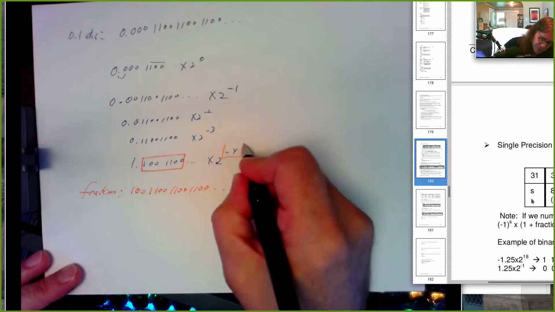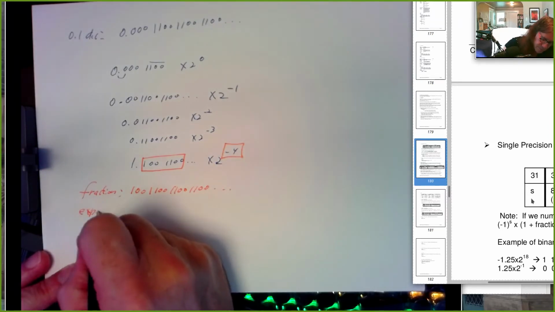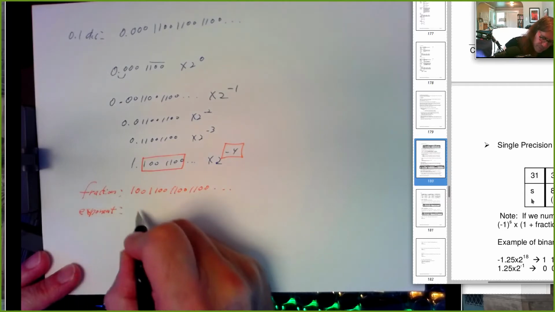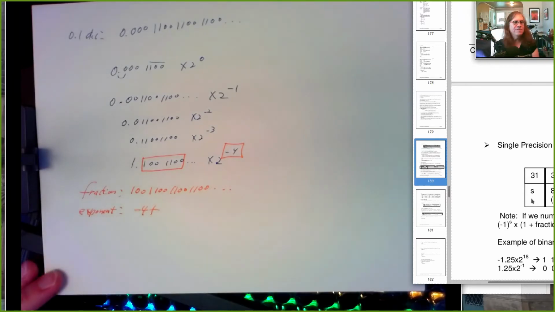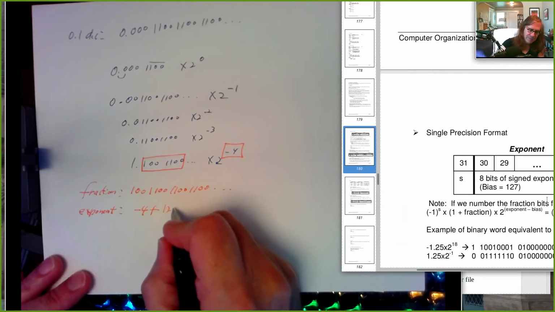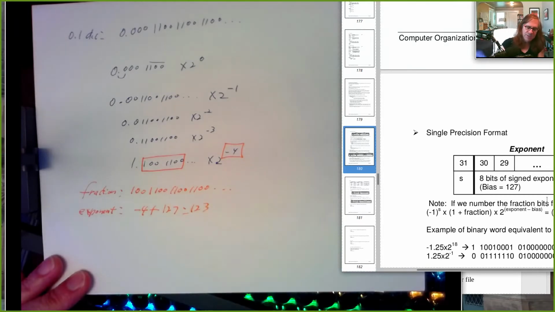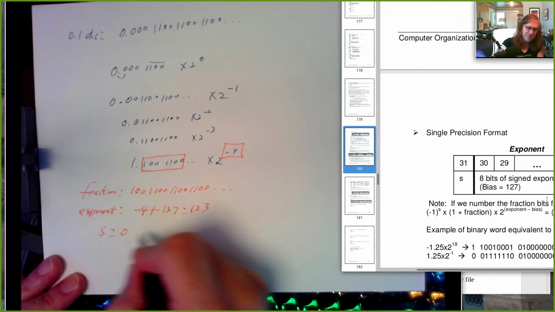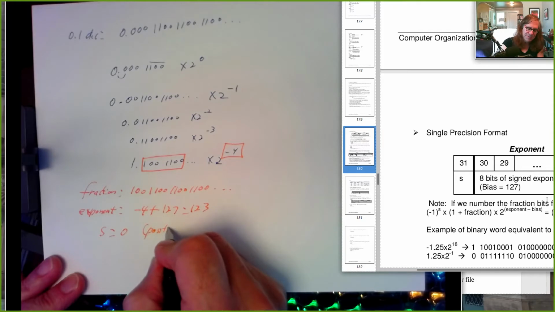This is our exponent. It's -4, but we need to add a bias of 127. So our exponent is 123, and our sign bit is going to be a 0 because our number is positive.